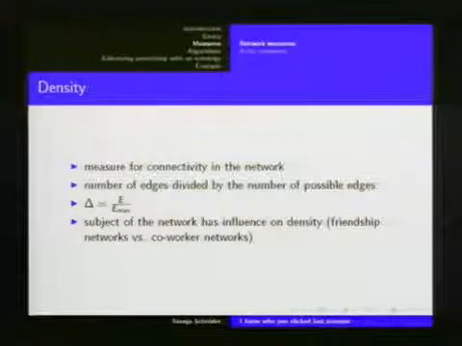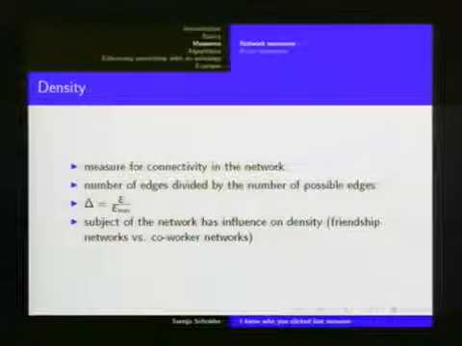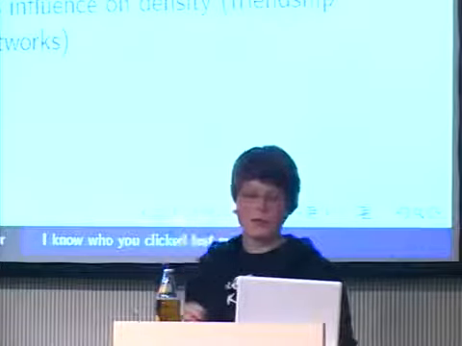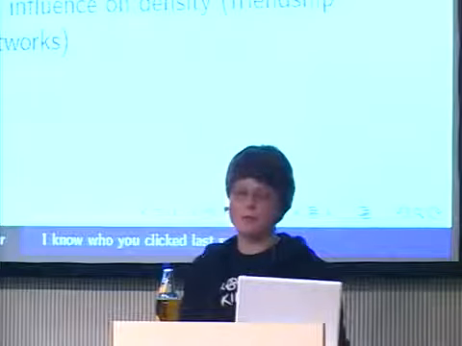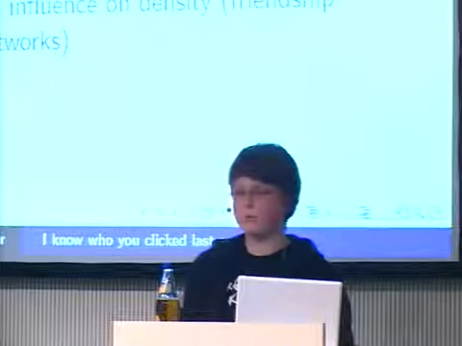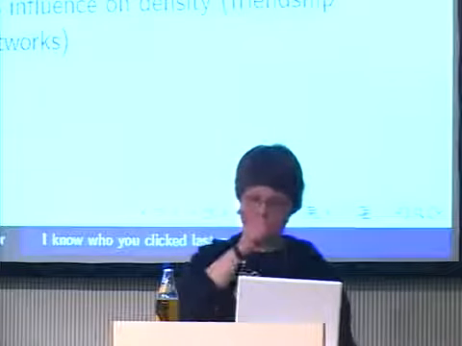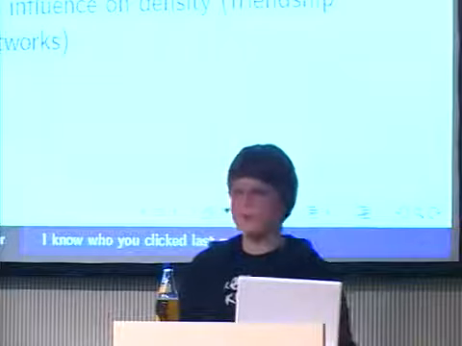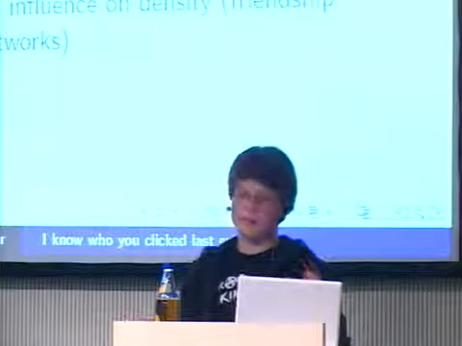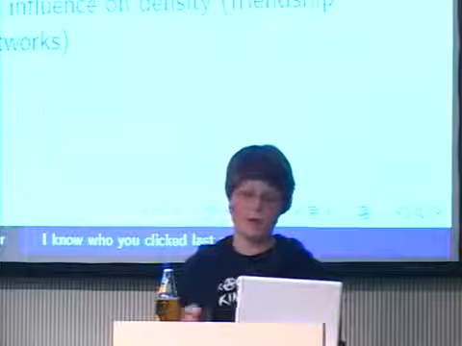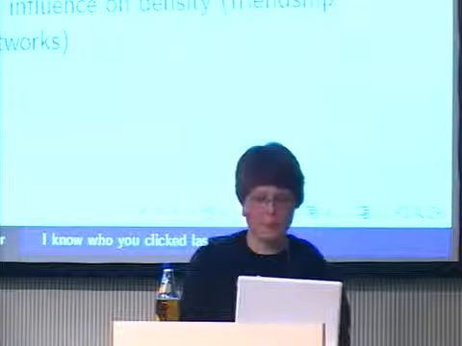It's a very easy measure, and of course the subject of the network has influence on the density, because friendship networks tend to be more intense than, say, co-worker networks. With this measure, you can compare different networks in a very basic way.